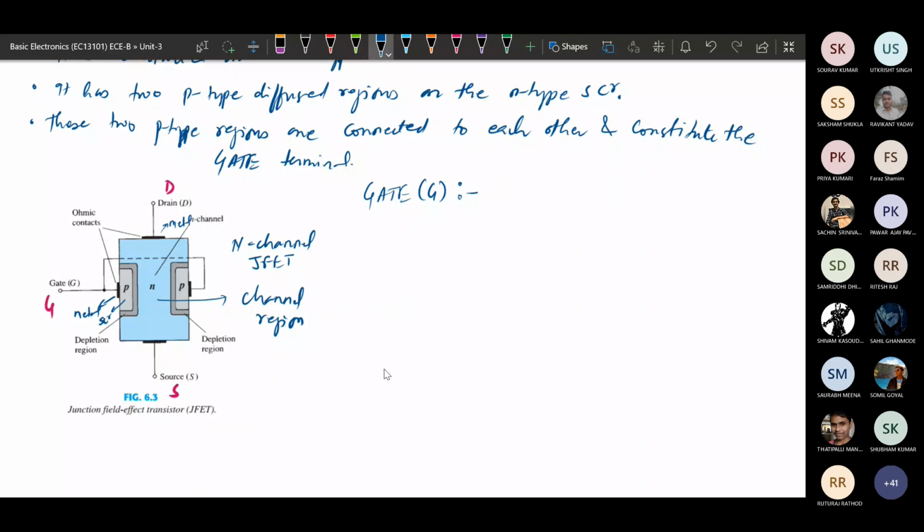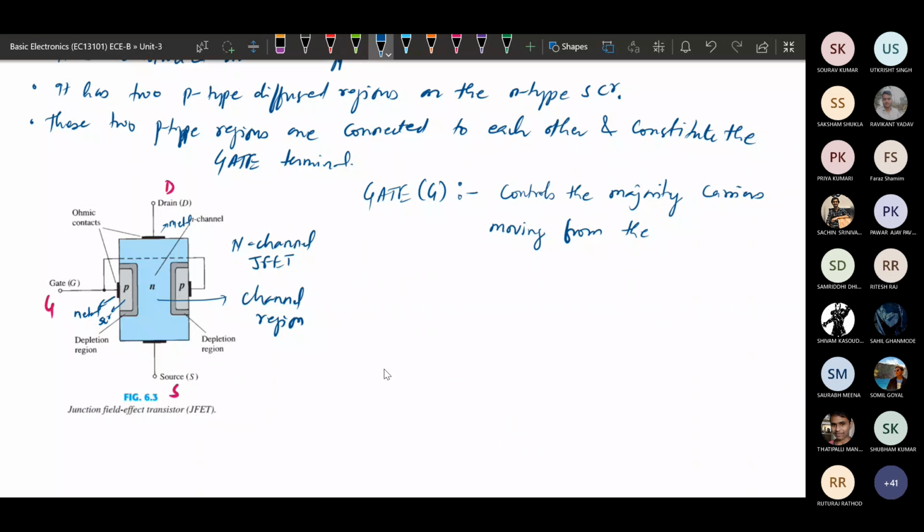This gate terminal basically controls the majority carriers that are moving. This channel is of n type, and n type has electrons as the majority carriers.